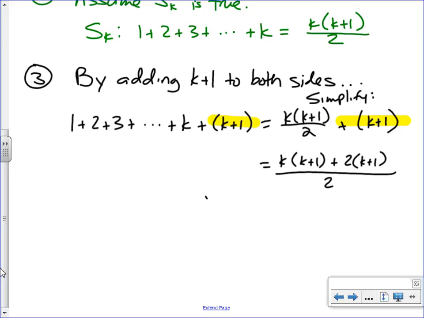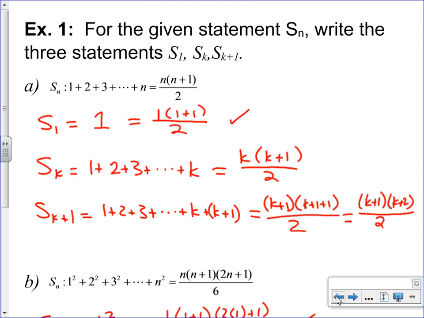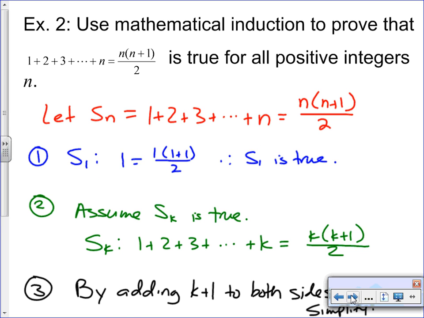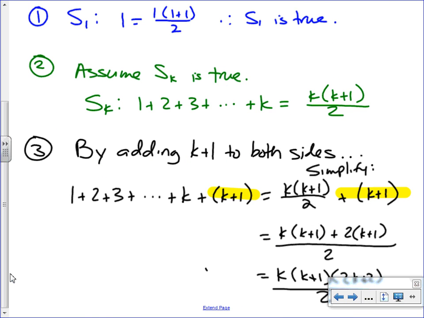Which is equal to k plus 1, 2k plus 2 all over 2. Is that S_(k+1)? Nope. I messed something up. What did I do? Where's the k go?